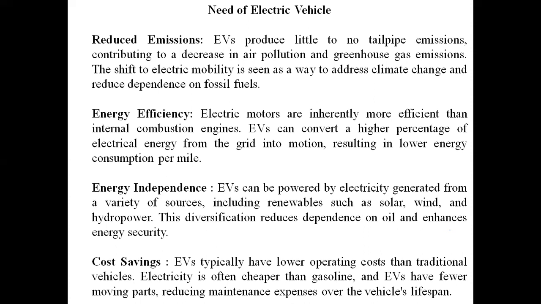For petrol, it is about 6.5 to 7 rupees. For CNG, it is about 3 to 4 rupees. If we use an electrical vehicle, the running cost per kilometer is about 1.5 rupees to 2 rupees. So there is a saving in running cost.